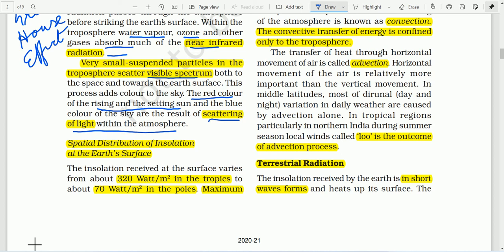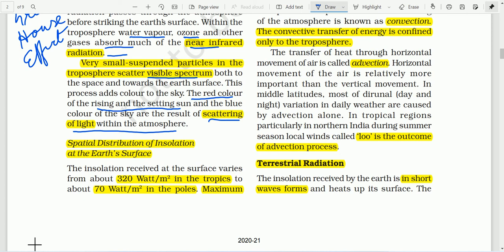That means, during the daytime when the sky is very clear, the color of the sky is blue. Then at the time of sunrise and sunset, at the horizon we see an orange to reddish colored sky. All these are the result of the scattering process. Then what do we mean by scattering?